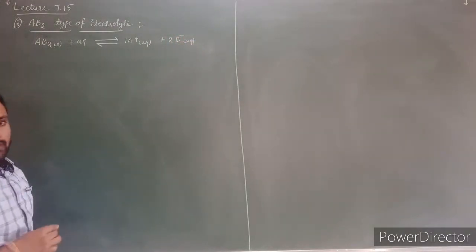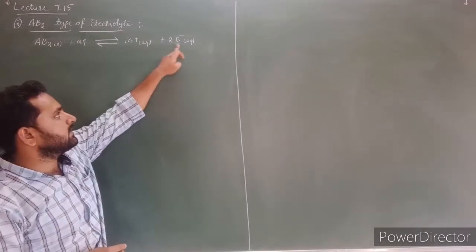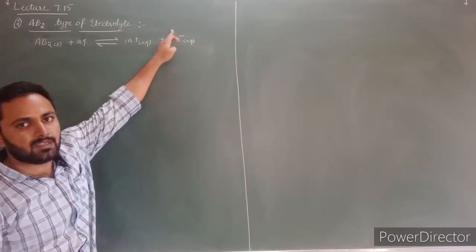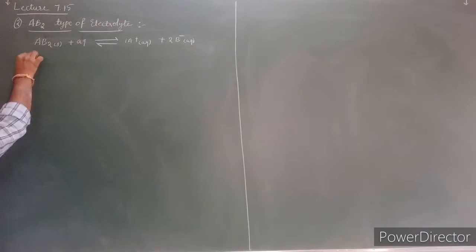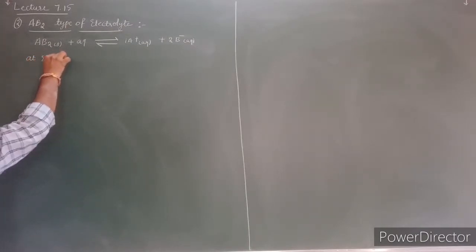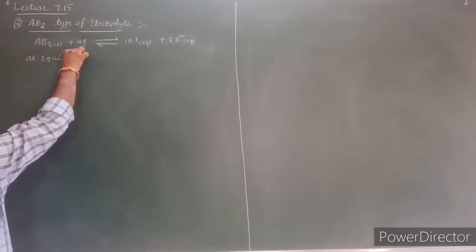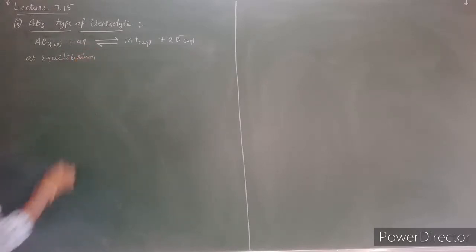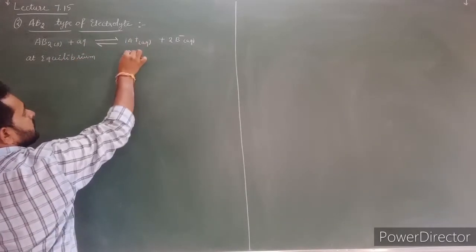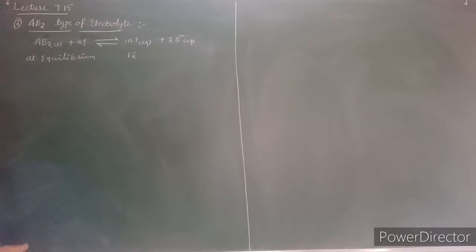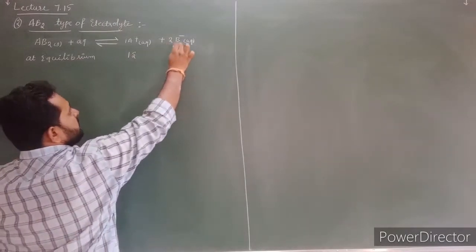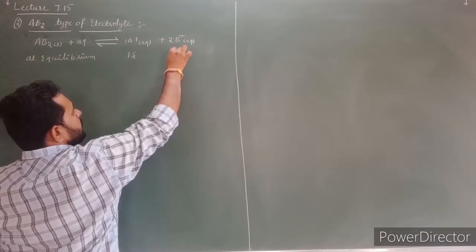Now let us write solubility for A plus ions and B minus ions at equilibrium state. At equilibrium, the solubility of 1 mole of A plus ion is equal to 1s. The solubility of 2 moles of B minus ions is equal to 2s.